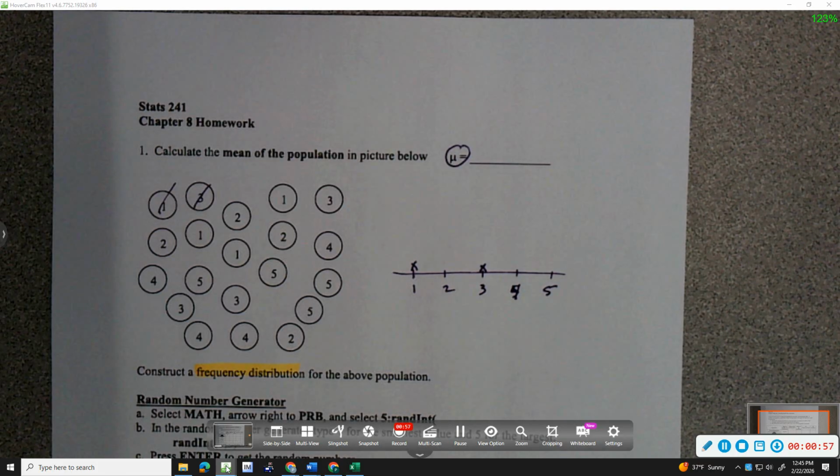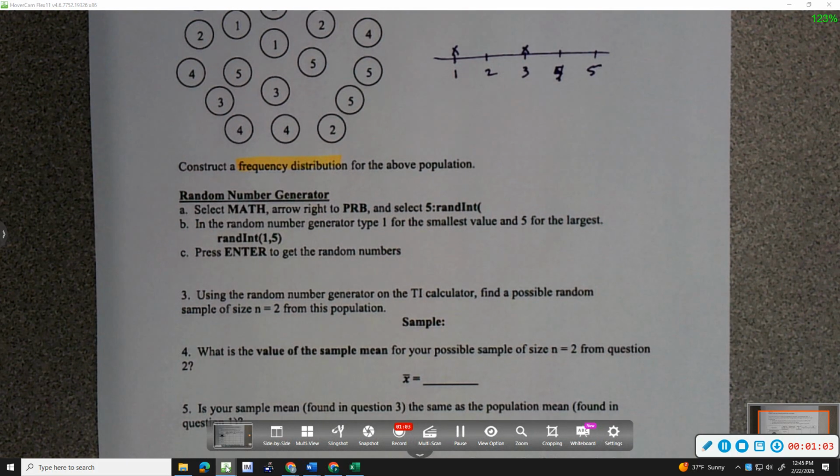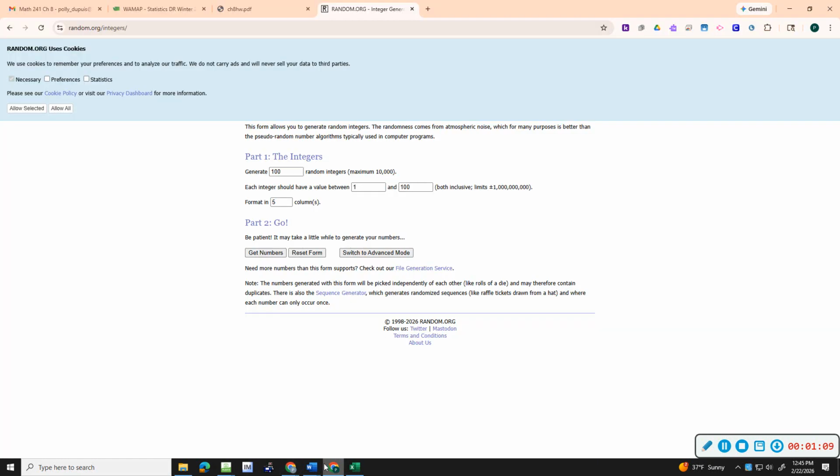The next thing you do is you're going to try to find some samples. And you're going to do this using a random number generator. If you have a TI calculator, I have instructions for that, or I also have this random number generator link in Chapter 8. So what you're asked to do is to take a sample of size 2 of the numbers between 1 and 5.